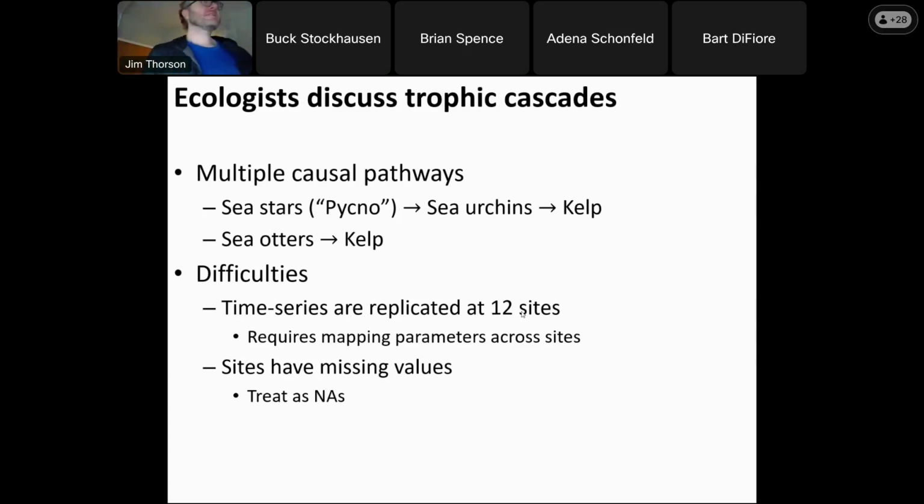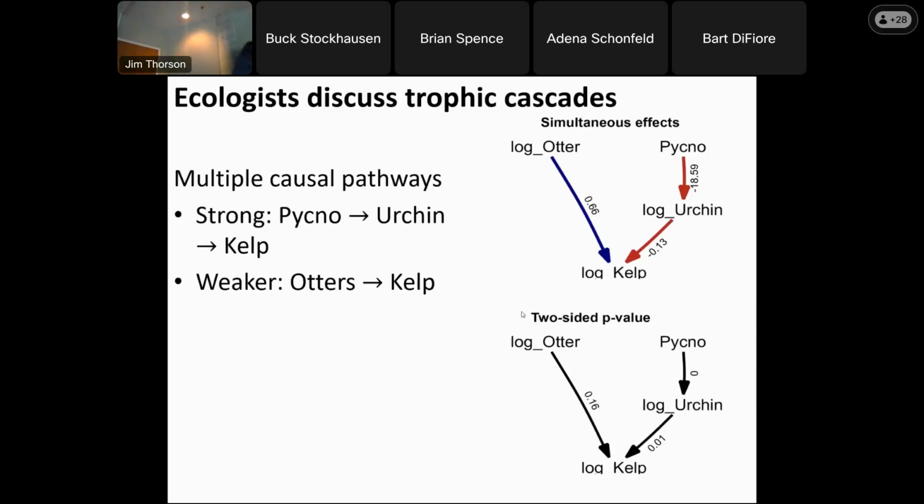So we have to map effects to be constant across space, which we can do, and deal with missing data. And what pops out is this path diagram where the p-values are down below. So we've got a significant effect of Pycnopodia on log urchins and significant of log urchins on kelp. Both are negative, and so that's that trophic cascade that's significant. The sea otter piece is non-significant and positive. So you can get a trophic cascade popping out of this.